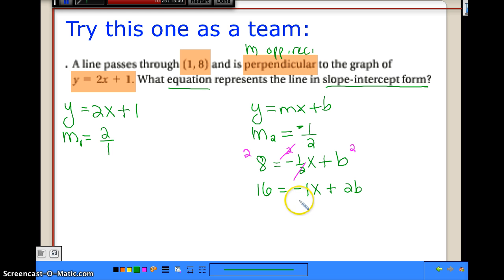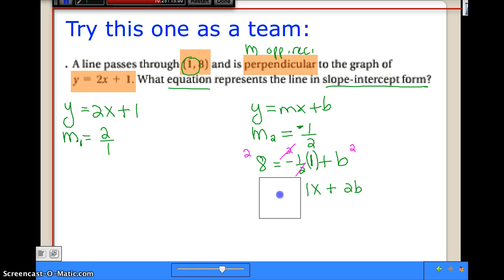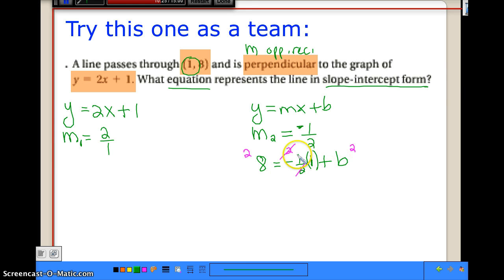You know what I forgot to do? I forgot to substitute my 1 in for my x. So this is not as hard as I'm making it. Let me go back. My bad. I can still work my 2. I'll continue on that road. So the 2's cancel. Negative 1 times positive 1 is negative 1, plus 2 times b is 2b. There we go. Forgot to substitute.